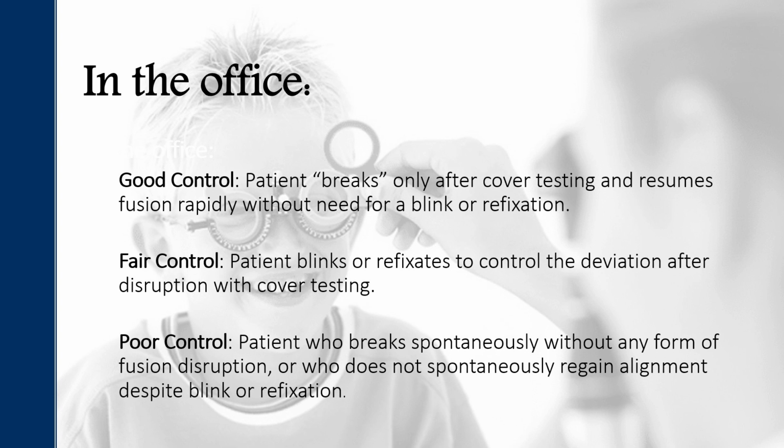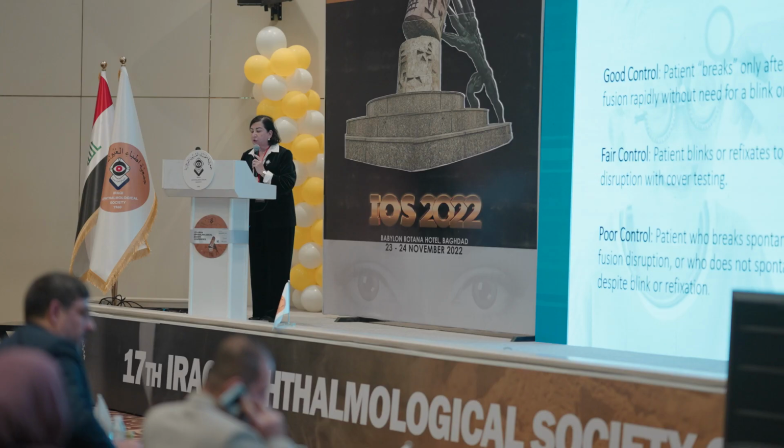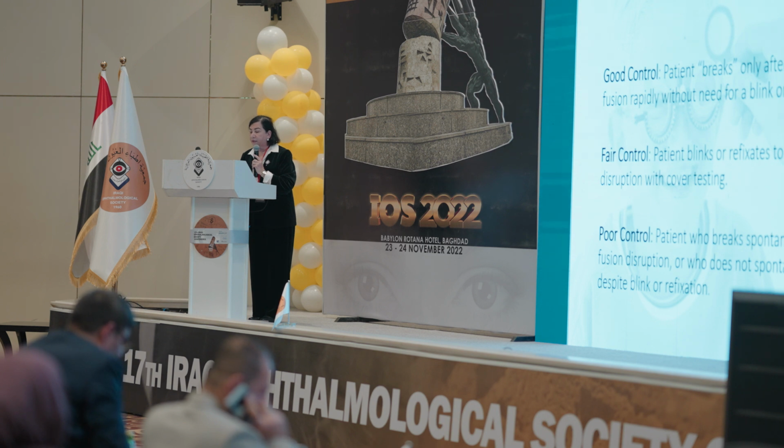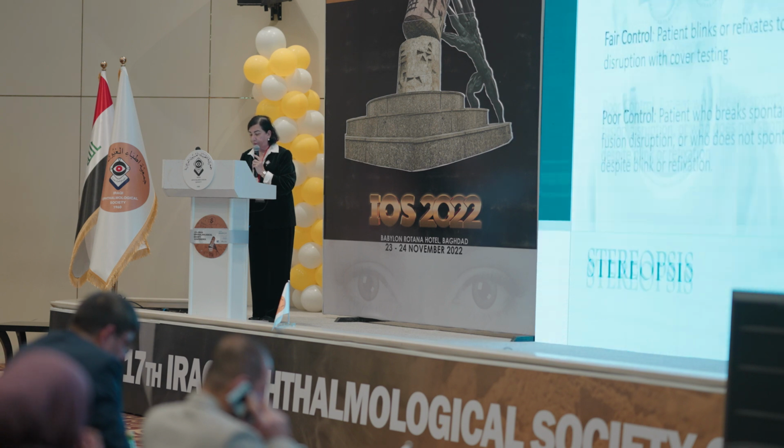We say it is fair control when the patient can blink or refixate to control the deviation after disruption with the cover test. We have poor control when patients break spontaneously without any form of fusional disruption, or do not spontaneously realign despite blinking or refixation.